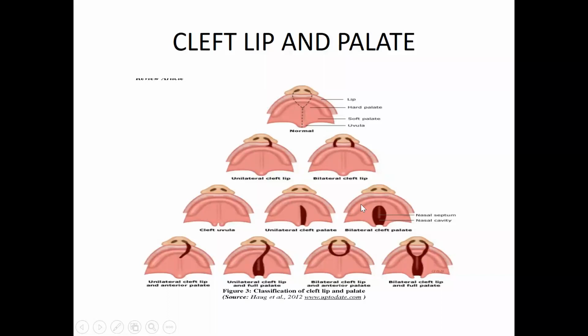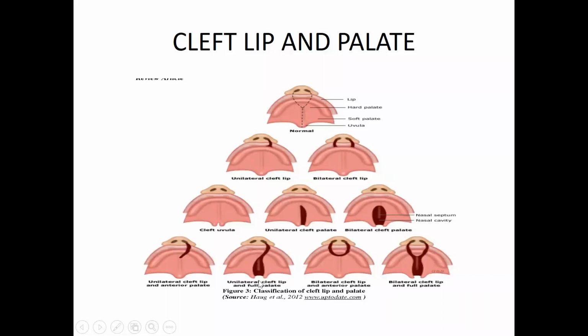This is a cleft palate. You can see the nasal septum, the right side and the left side, so this is a bilateral cleft palate. This is a unilateral cleft lip, and the anterior part of the cleft palate is different.